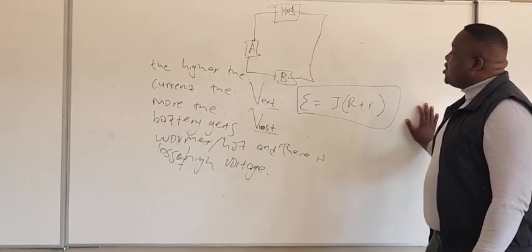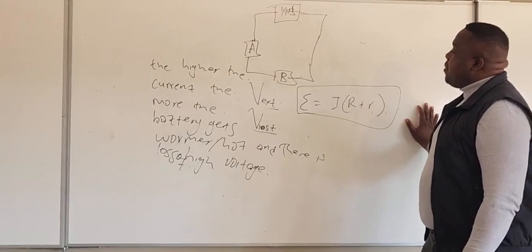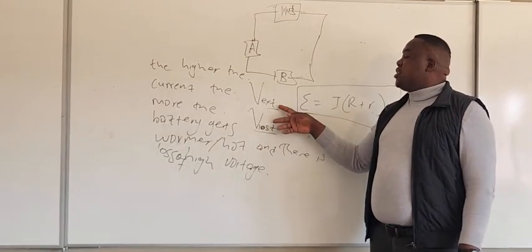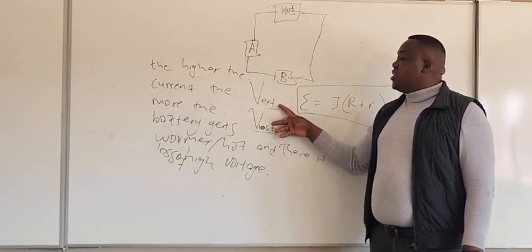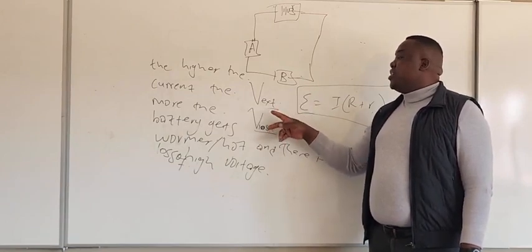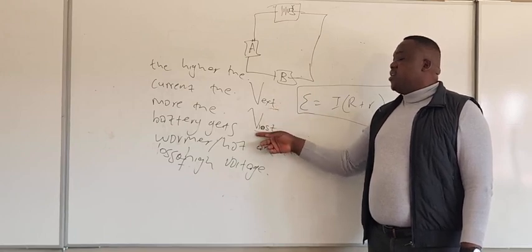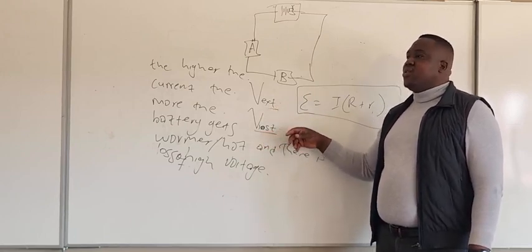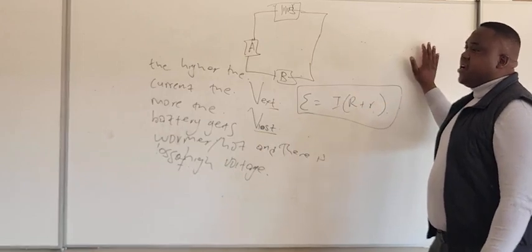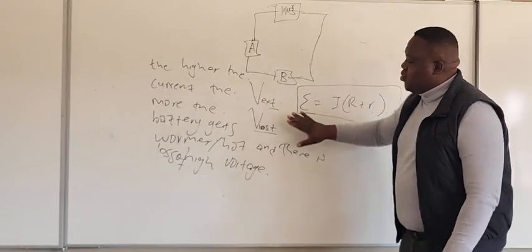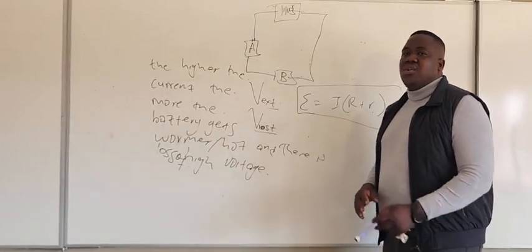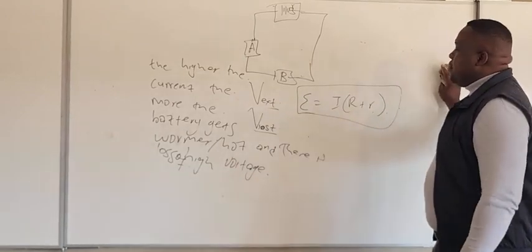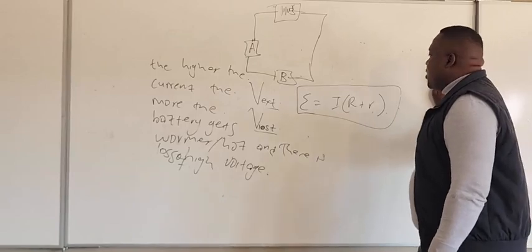Not really contrary, but when we talk about a real circuit connection, we're going to have two types of voltage: external voltage and loss voltage. Ohm's law just talks about voltage, and you get confused whether it is external voltage or loss voltage. But that's what I'm trying to correct.